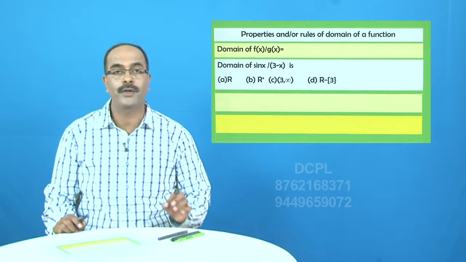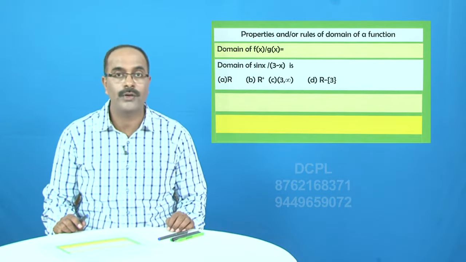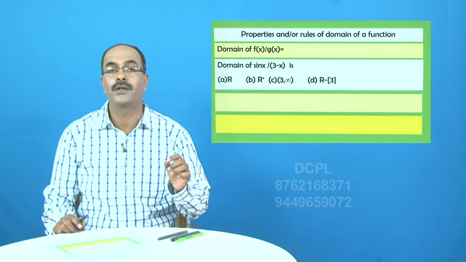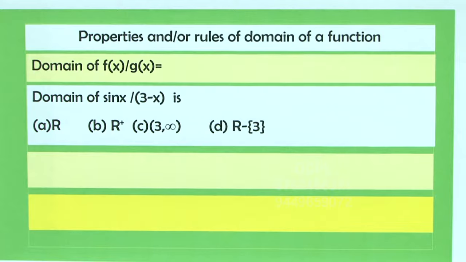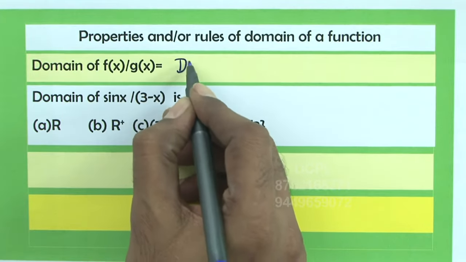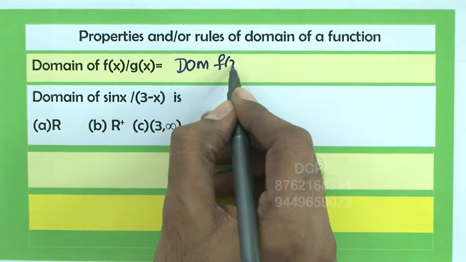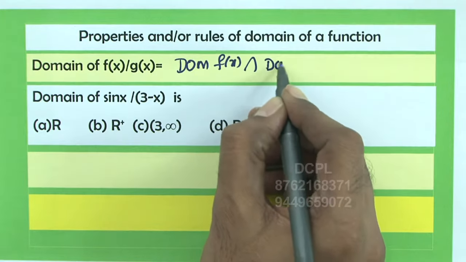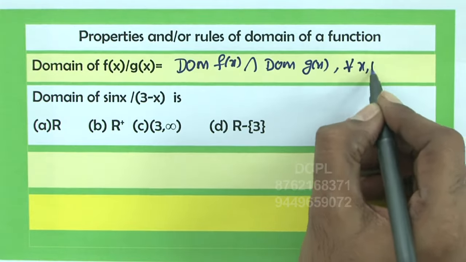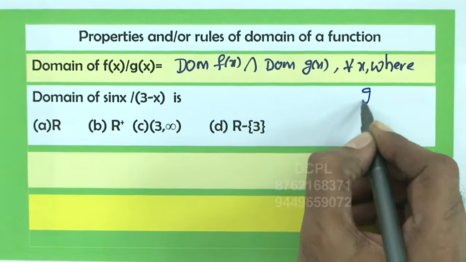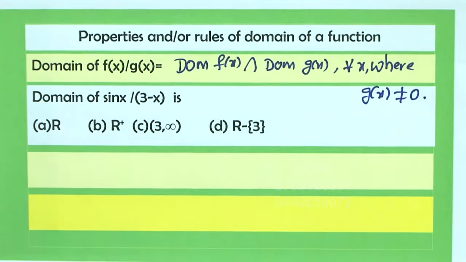If f of x by g of x is a function, then the domain of f of x by g of x is the domain of f of x intersection the domain of g of x, for all x where g of x is not equal to 0. If you know this concept, you can easily solve this. This is a very simple basic question, dear students.